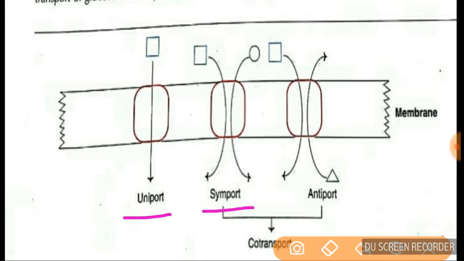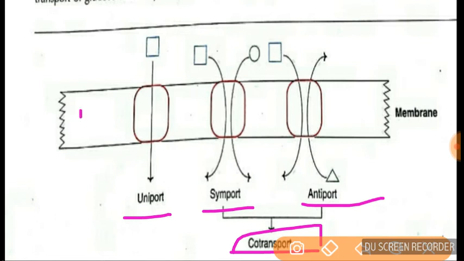And symport means two different molecules are transported in one direction, and antiport means two different molecules are transported in two different directions. One is coming when one is going. And what is co-transport? Co-transport also constitutes these two terms, symport and antiport.